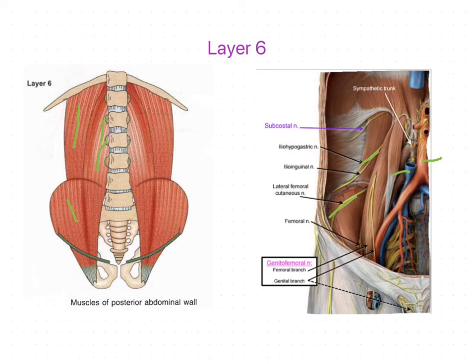How the liver is related to the stomach, how the duodenum and pancreas are related to the stomach. Like that, you can easily understand if you know these layers of the abdomen.